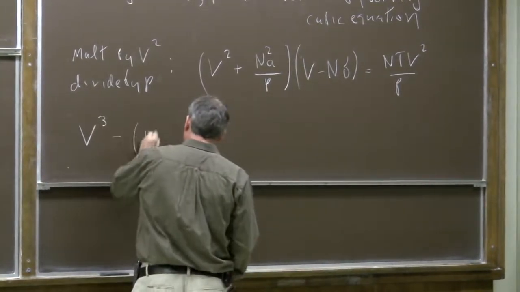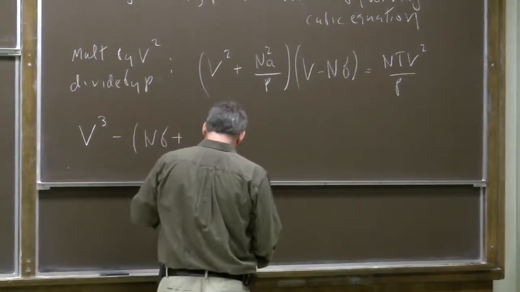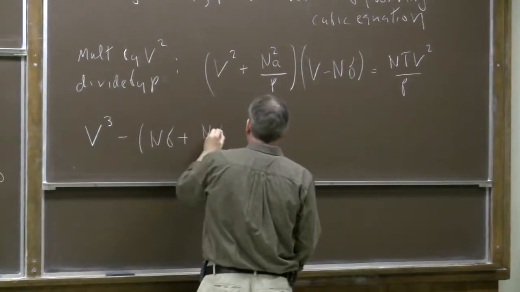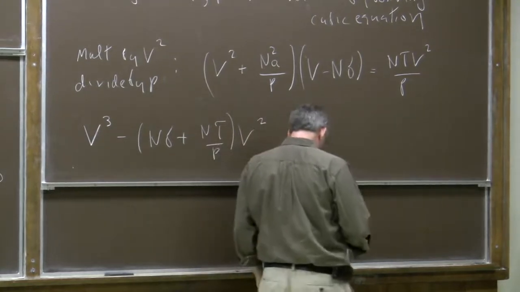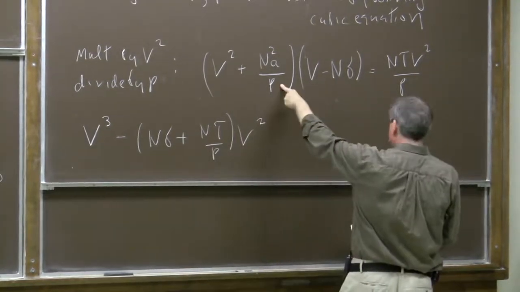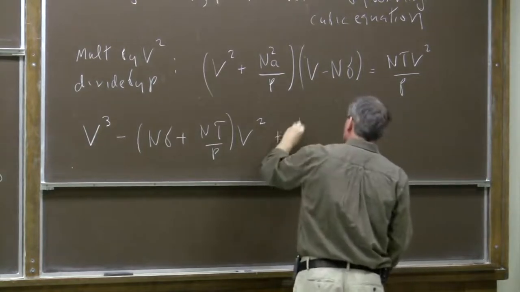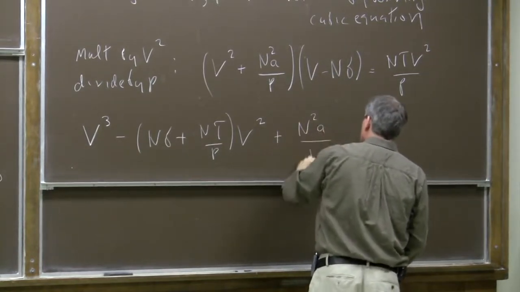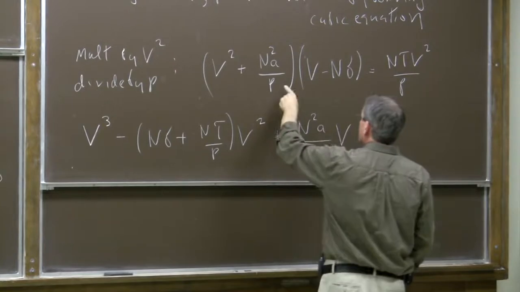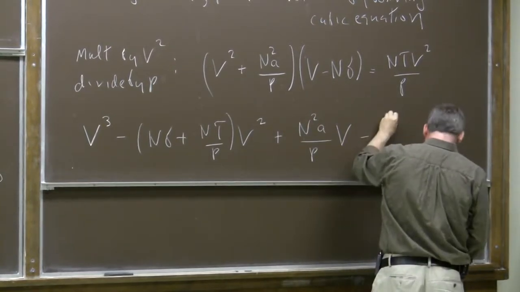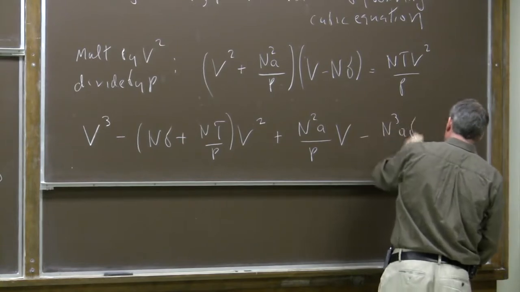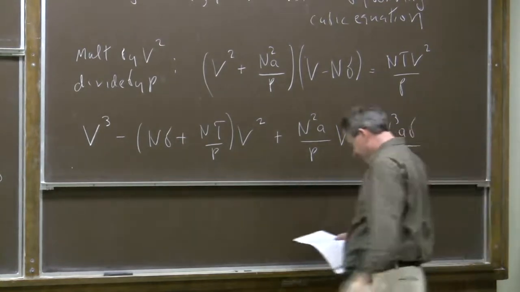So minus NB plus Nτ over P times V squared. And then there's a linear term in V here, so plus N squared A over P V, and then this constant term for multiplying these together, minus N cubed AB over pressure.